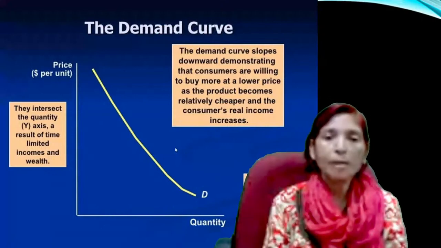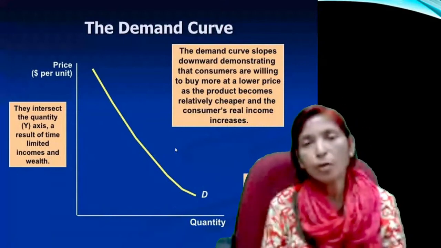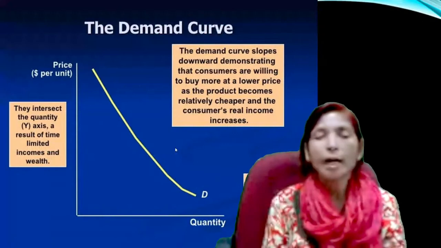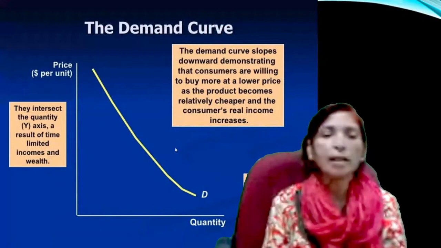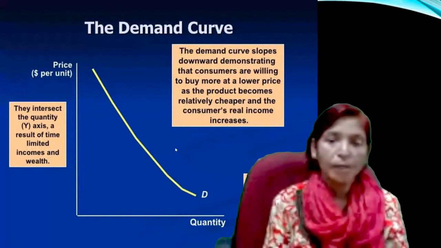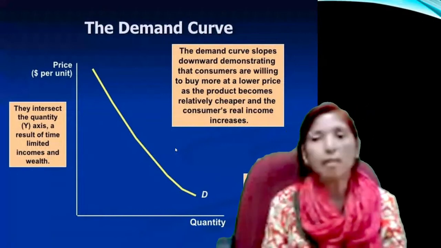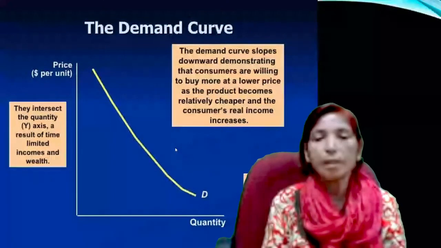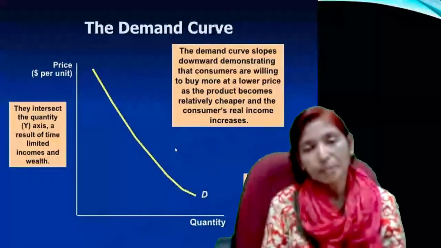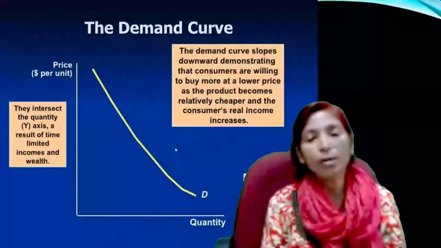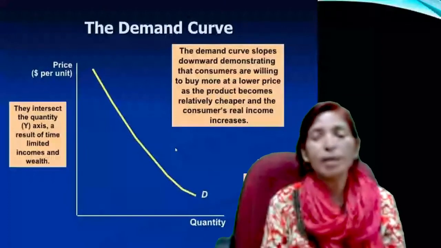The demand curve always slopes downward, demonstrating that consumers are willing to buy more goods at a lower price and fewer goods at a higher price. Consumers buy more at a lower price as the product becomes relatively cheaper and the consumer's real income increases. If there is an inverse relationship between quantity and price, then the demand curve slopes downward.